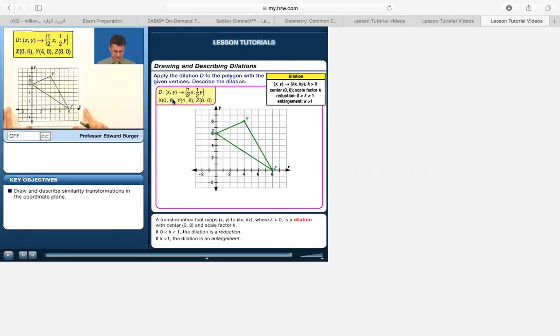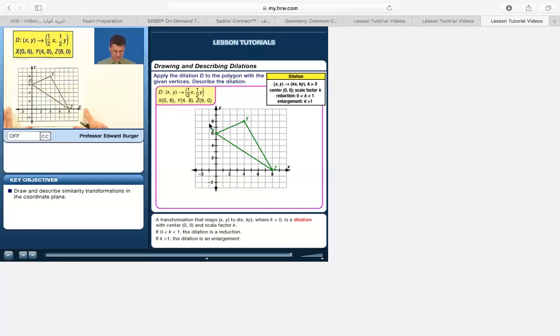So 6 will now be 3, so it is reduced, it is now smaller. 4 multiplied by half, what is half of 4? 2. 8, what is half of 8? 4. All the points are now smaller. So of course, the new triangle that I'm going to draw will be smaller. Z, 8: half of 8 is 4. 0 will be 0.